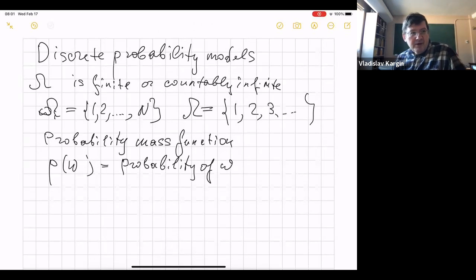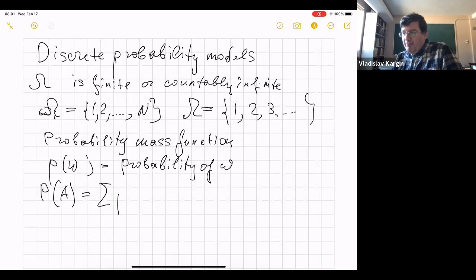So if we had uncountably many outcomes, then it would not be enough to just look at the probability of each individual outcome, because it could be zero, and it does not describe everything. But in our case, the probability of every event can be written as the sum of the probabilities of omegas which belong to this event.